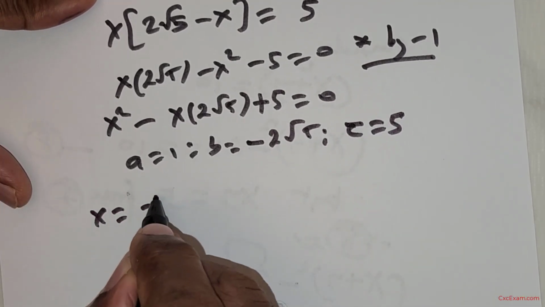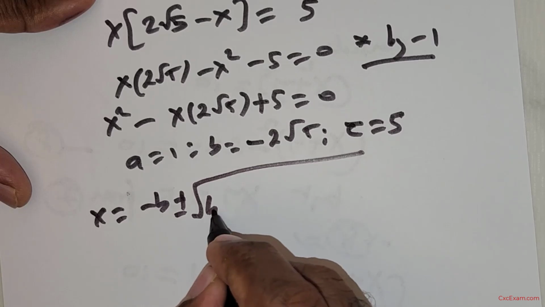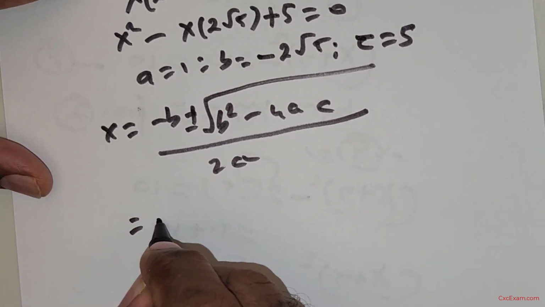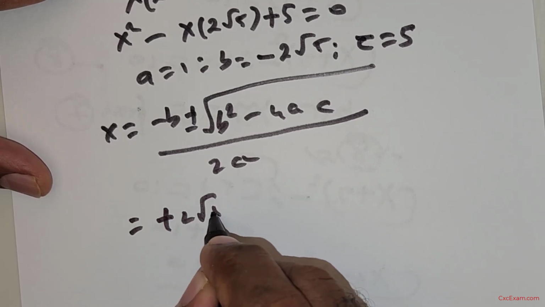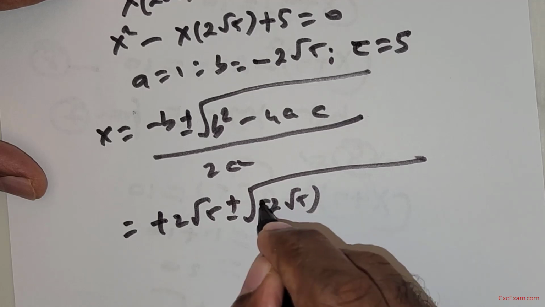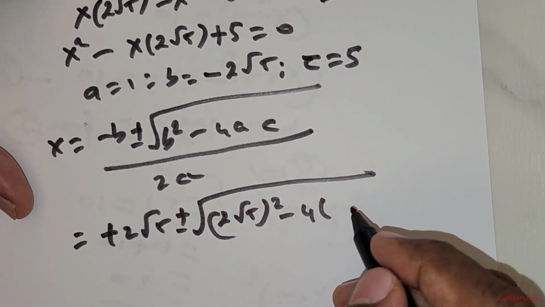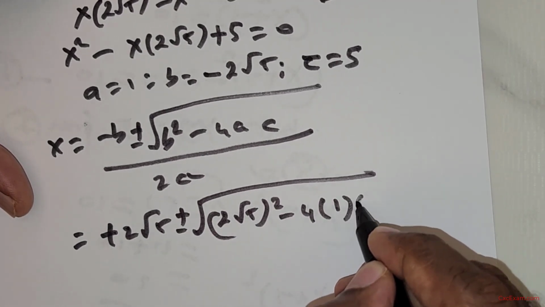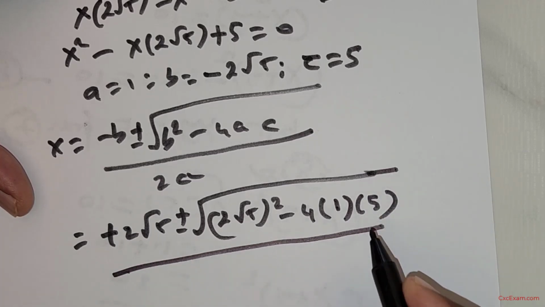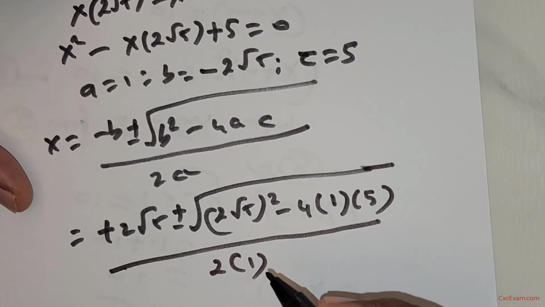So we utilize the formula x equals negative b plus or minus root of b squared minus 4ac, divided by 2a. This will give you positive 2 times root 5 plus or minus root of (2 times root 5) the whole squared minus 4 times a, which is 1, times c, which is 5, divided by 2 times a.